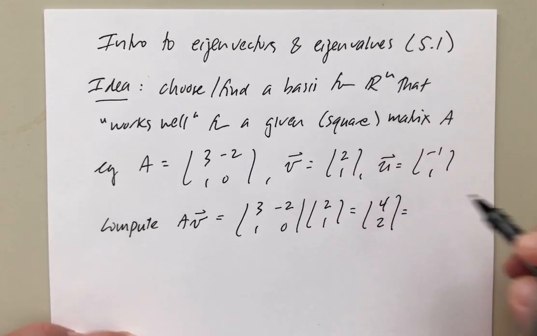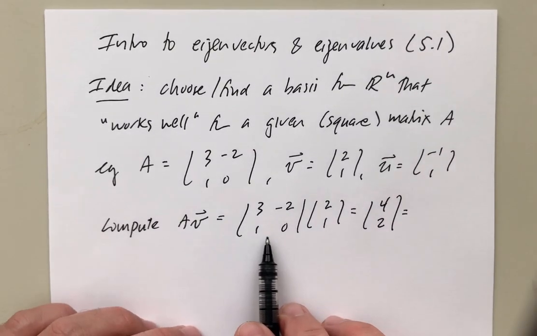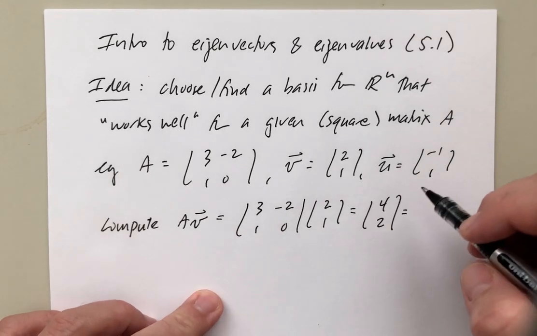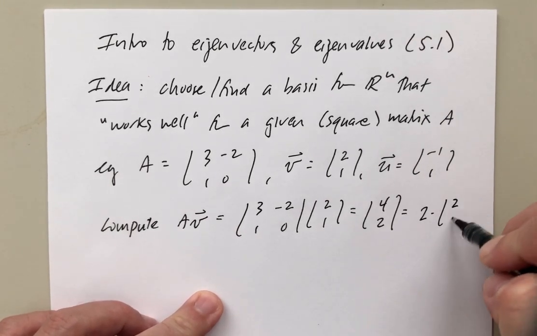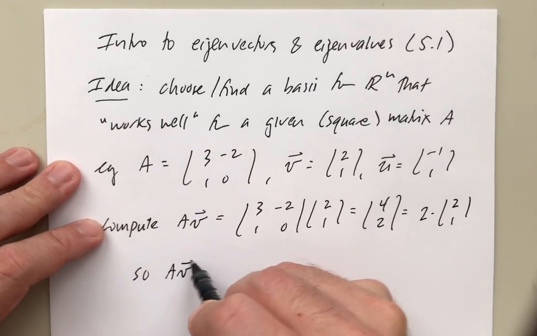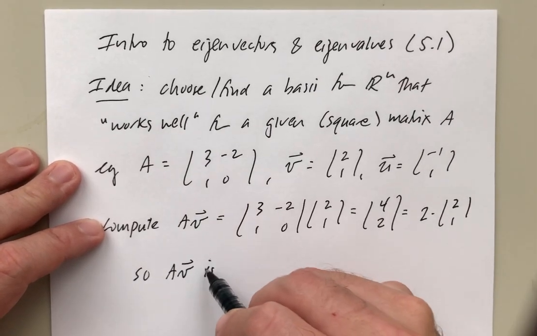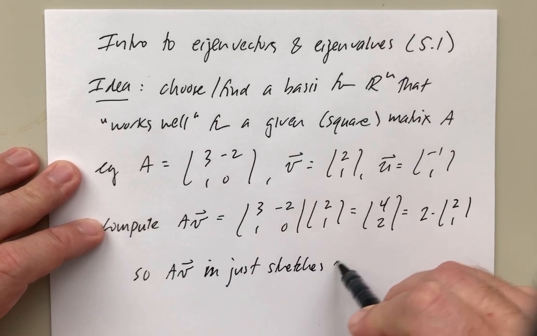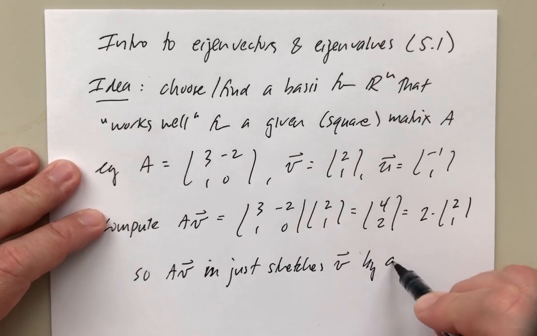Notice something nice happens here. When I multiply the matrix A times this vector, I get a new vector, but it's actually just twice what I started with. So AV just stretches V by a factor of 2.